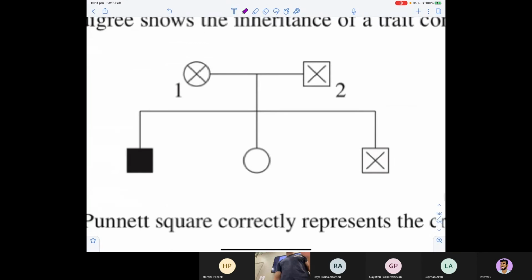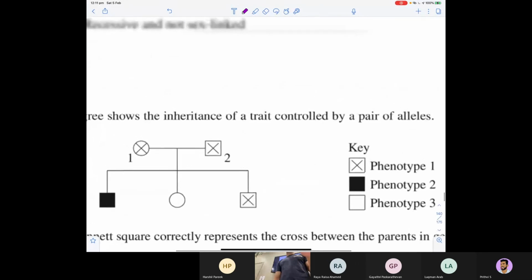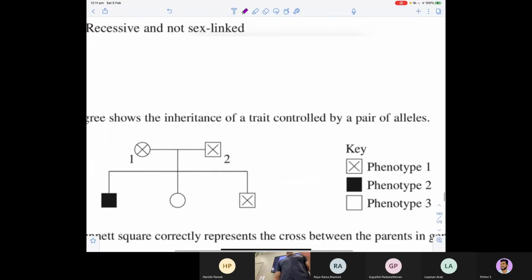I want you all to tell me what 2 kind of inheritance patterns this could be. I want you to think before giving me an answer because I wouldn't give you an easy question. Give me two types of inheritance this pedigree could be.